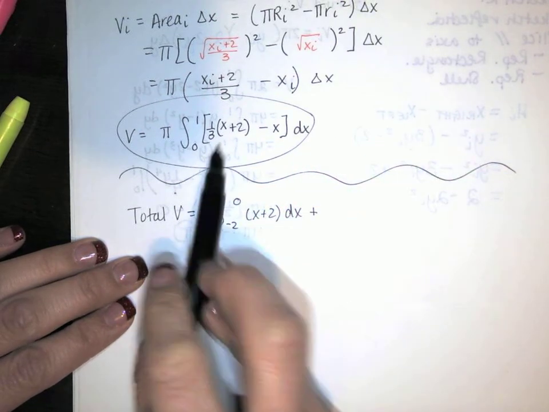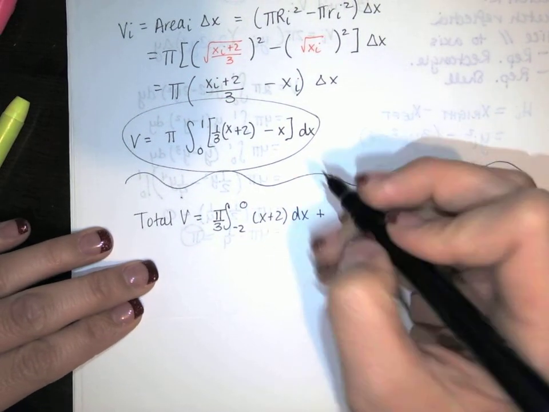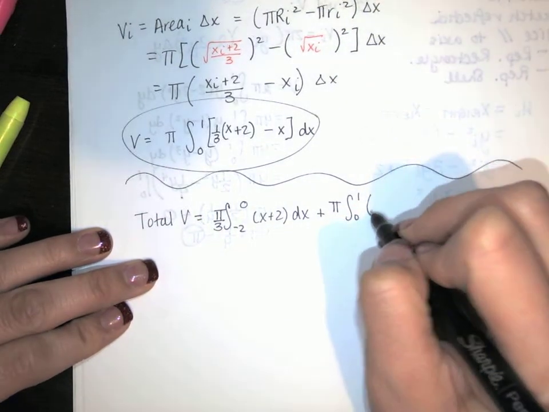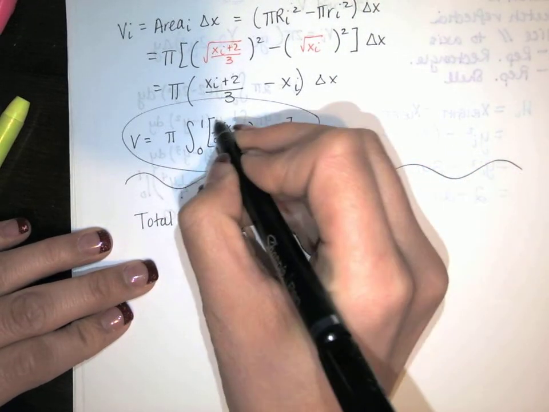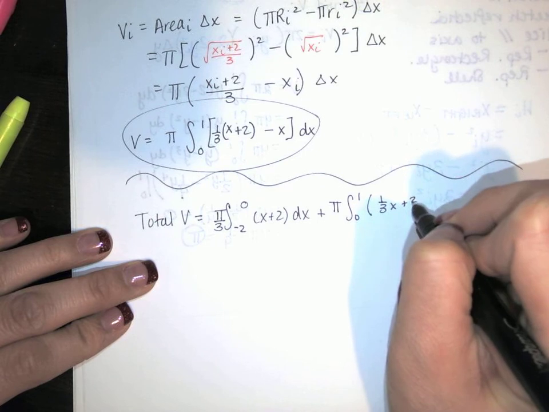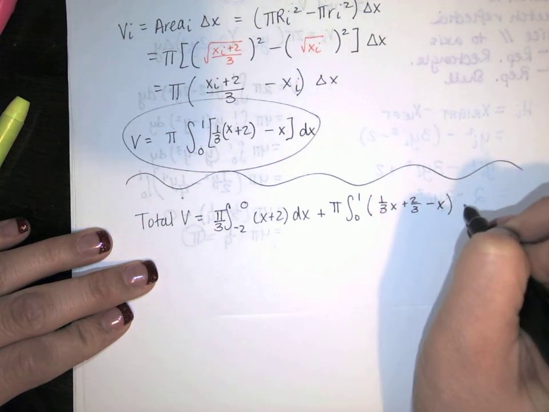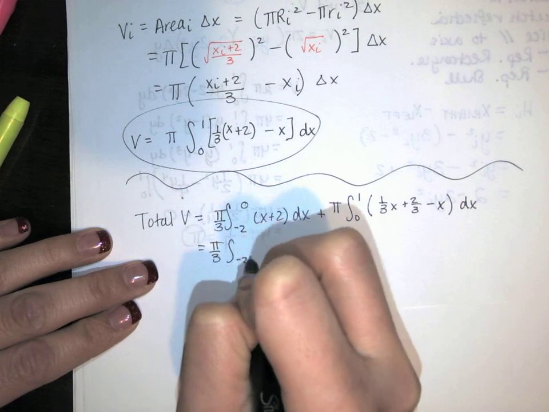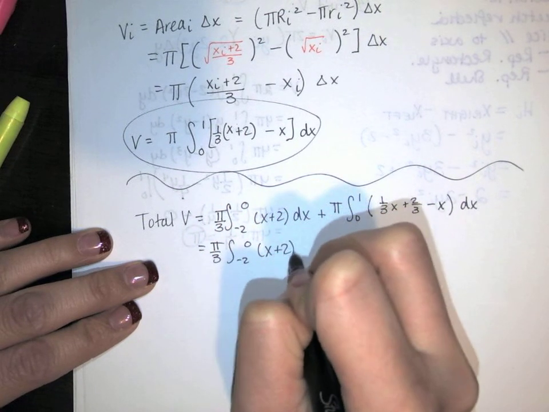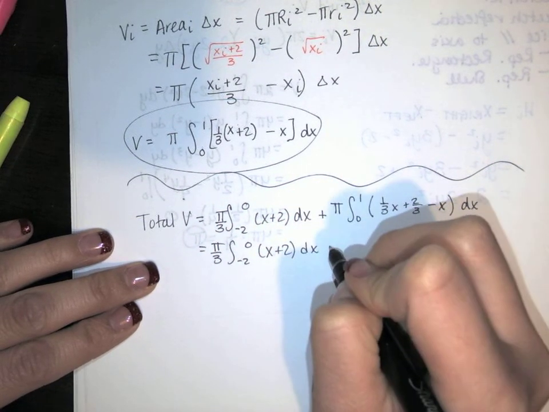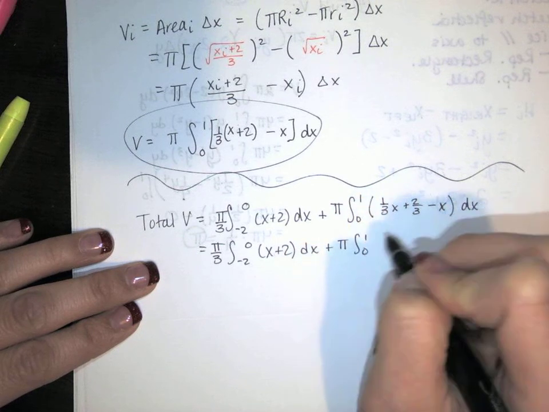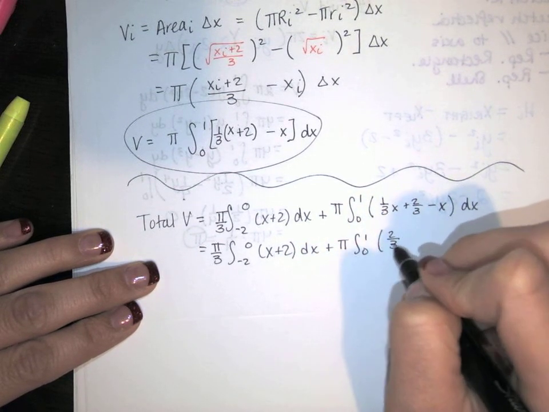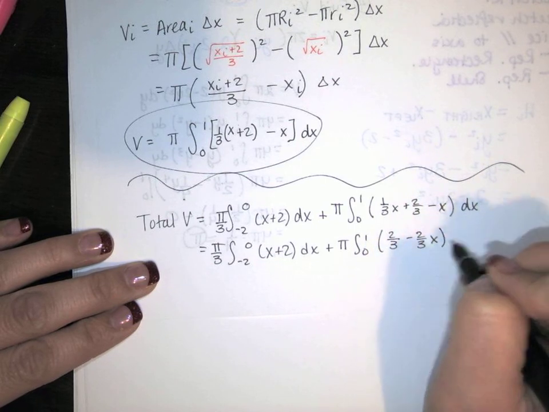And then the next one, we've got this. I'm going to factor out the pi. I think I'll distribute that 1/3 now. I'm going to have 1/3 x plus 2/3 minus a single x. One-third minus 1 is -2/3, so we're going to have 2/3 minus 2/3 x dx.